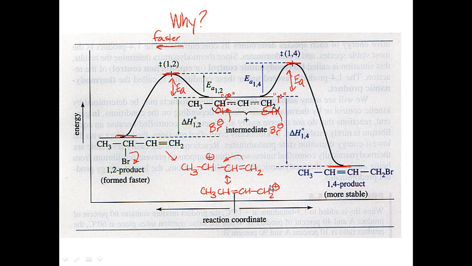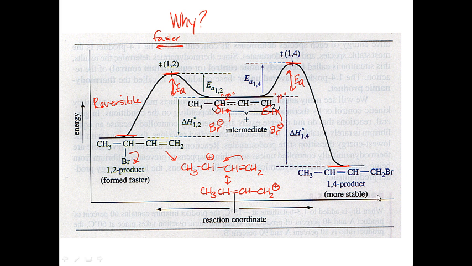But wait, if I break this carbon-bromine bond, I'm right back to the intermediate. So the key thing with this allylic bromide is that this reaction is reversible.